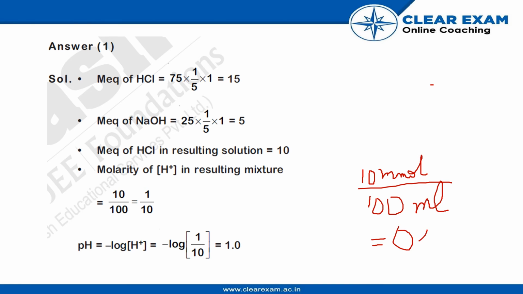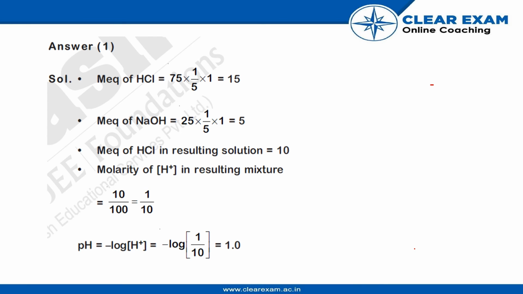So we get the concentration of HCl as 0.1 M, or we can say the concentration of H plus ion.